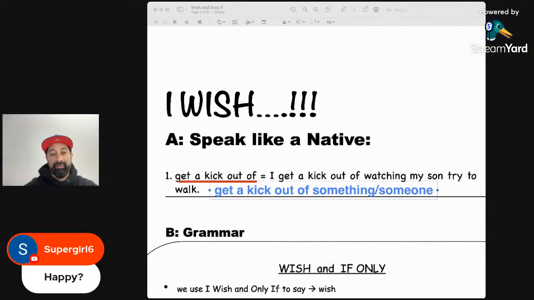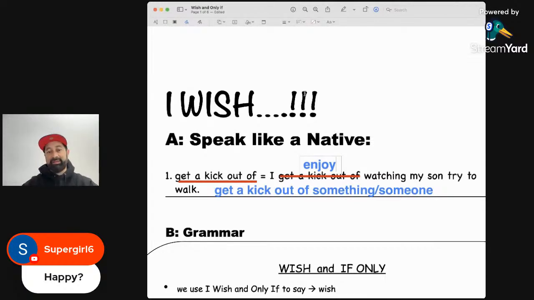If we were to remove get a kick out of and just put the word enjoy here, it would have the same meaning. I enjoy watching my son try to walk. I get a kick out of watching my son try to walk. You think it's funny, you think it's fun, enjoyable.